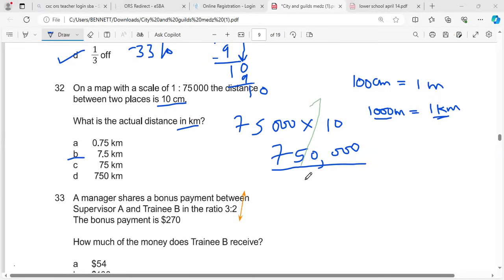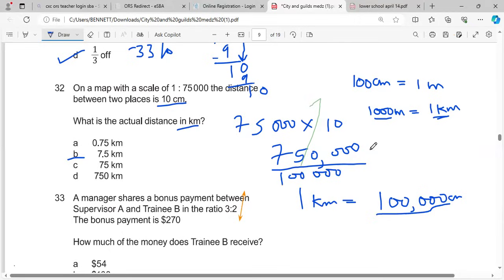So 1 kilometer now would be this in centimeters: 5 zeros after the 1. This is the rate. So we have to divide by 5 zeros, so we have to move 5 places. 1, 2, 3, 4, 5. So yeah, he's correct.